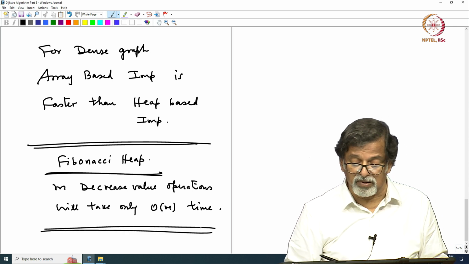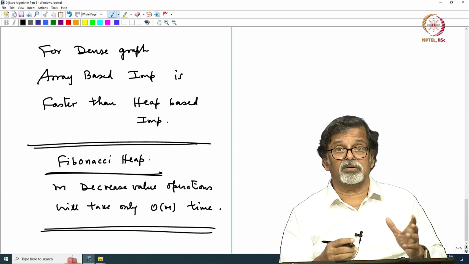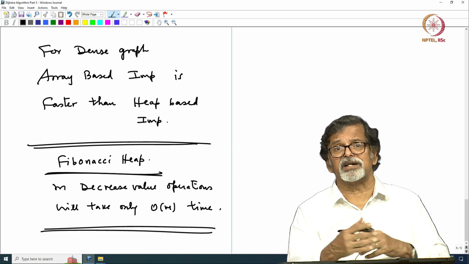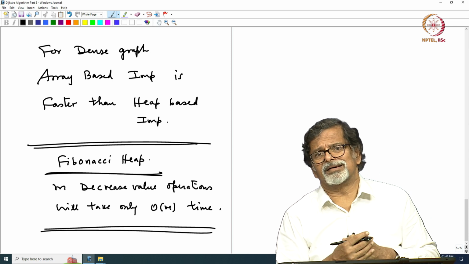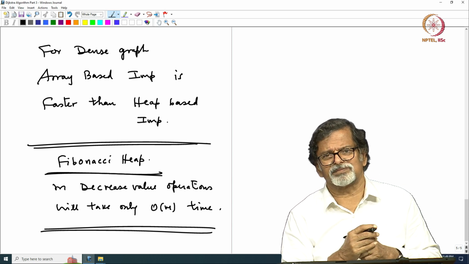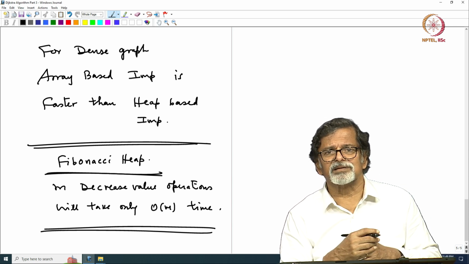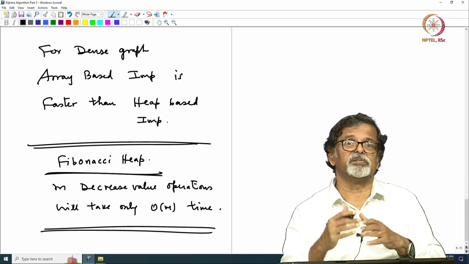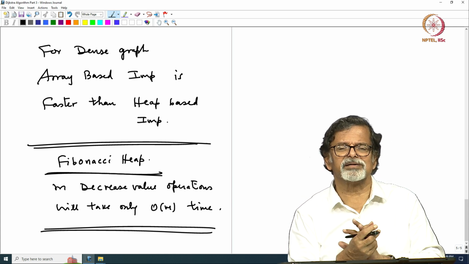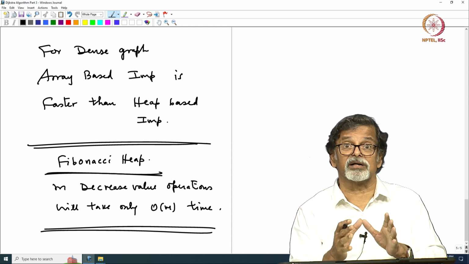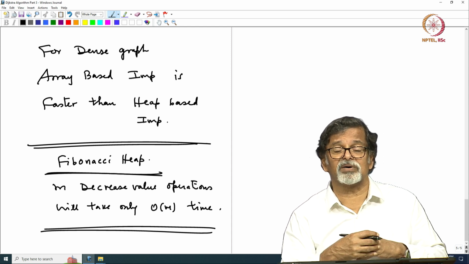You are doing several decrease key operations. For each edge, it may trigger a decrease value operation. For some it will be more, for some it will be less. It will not be uniformly log n, but in total it can be shown to be order m.